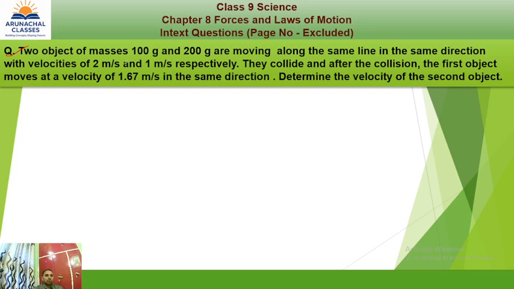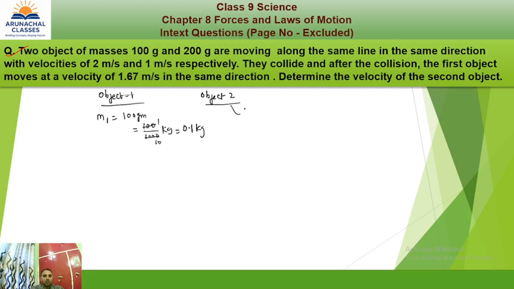Here they are saying that two objects of masses 100 gram and 200 gram are moving along the same line. So two objects are there: object 1 and object 2. Object 1 has a mass m1, that is 100 gram, converted into kg: 100 divided by 1000, so it is 0.1 kg.